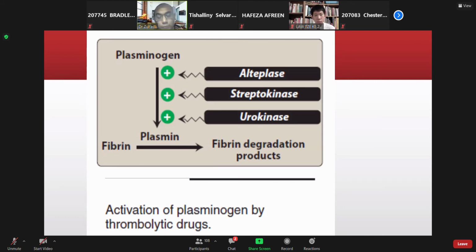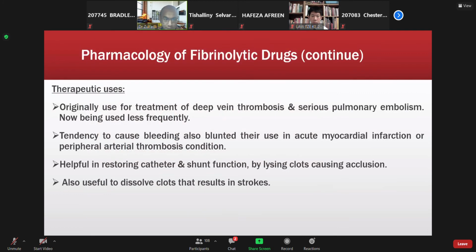Fibrin is like a net to stop the red blood cells from moving. So by lysing the fibrin, it will reduce the blood clot and improve the blood flow. That is the mechanism of action of alteplase, streptokinase, and also urokinase.